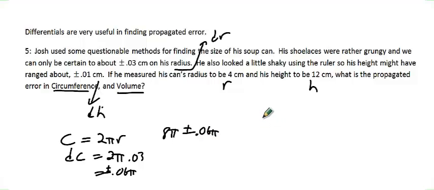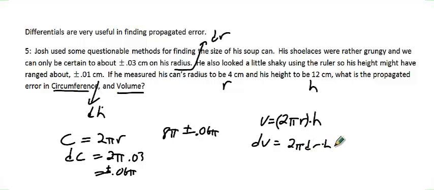As far as the volume, 4 pi, oh, sorry, I'm thinking sphere for a second. It's a can, so we have our circumference times our height. Okay, I want to do dV. Well, we kind of have to use the product rule on this. So if I take 2 pi r as one part and h as the other, the derivative of the first part, so 2 pi dr times h, plus, and then leave the first part alone, 2 pi r dh.